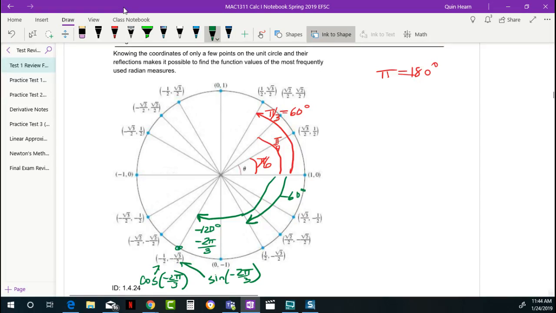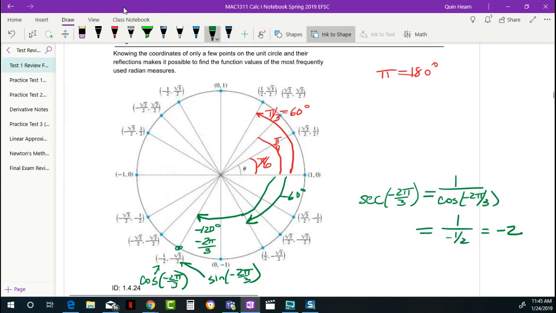Well, we know that the cosine and the secant are reciprocals, right? So the secant of -2 pi over 3 is going to be 1 over the cosine of -2 pi over 3. And we just figured out that the cosine of negative 2 pi over 3 is actually negative 1/2. So 1 over negative 1/2 would be negative 2.